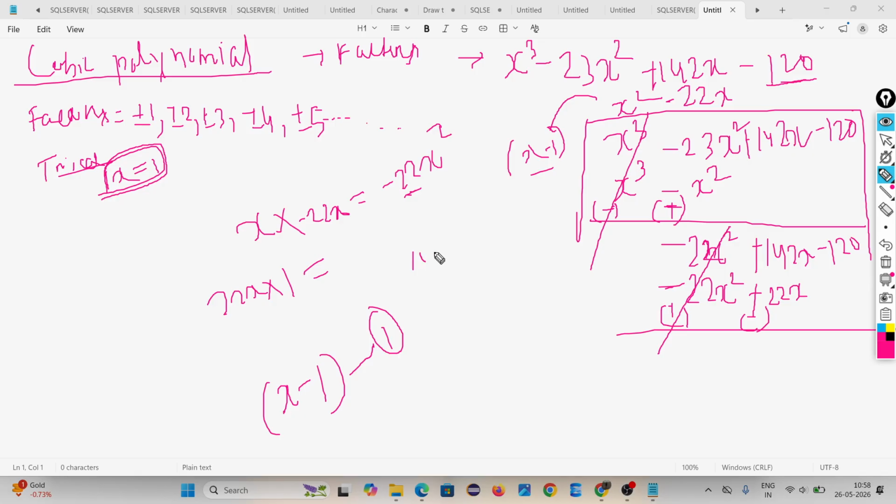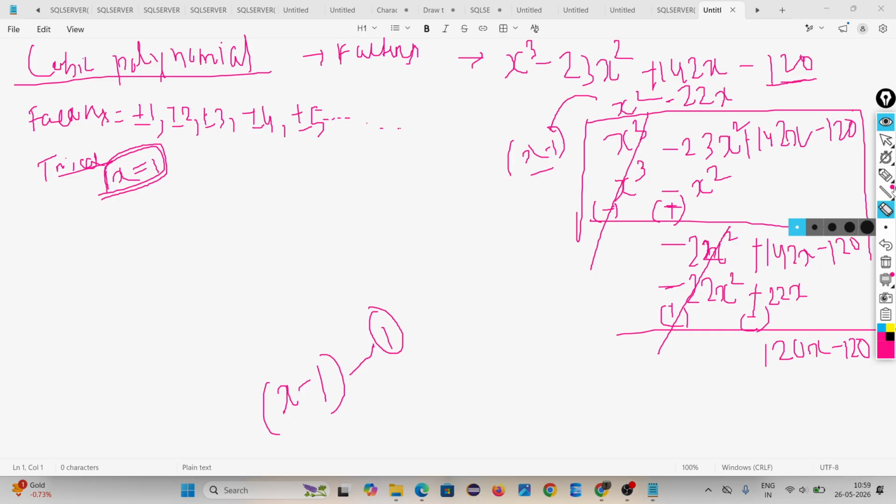Look here. 142x minus 22x, it will be how much? Plus 120x. So tell me, you have to multiply what with x so your answer should be 120x?